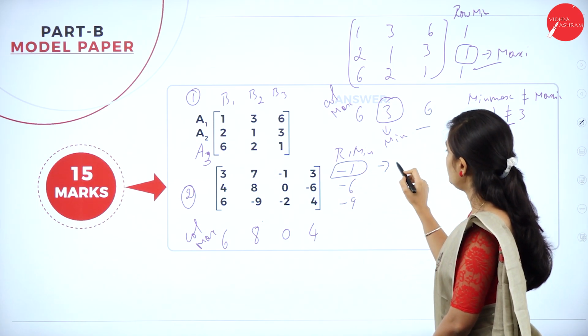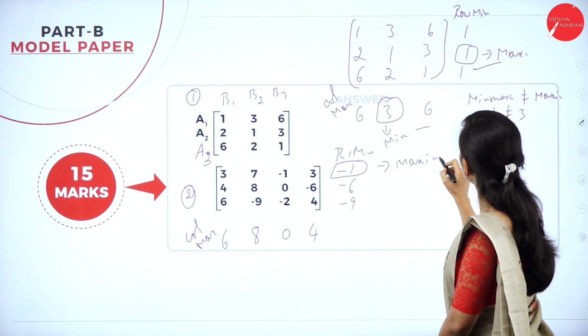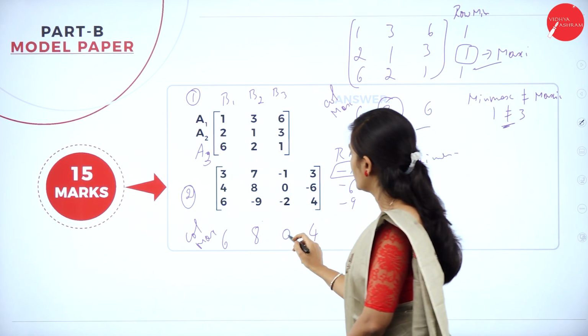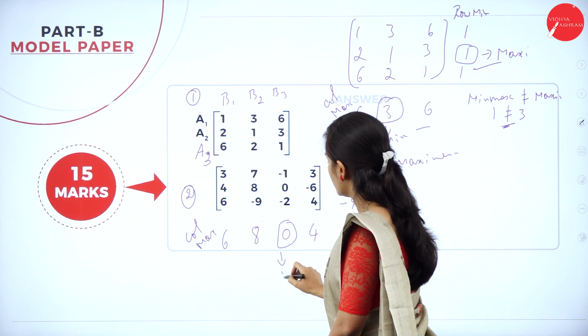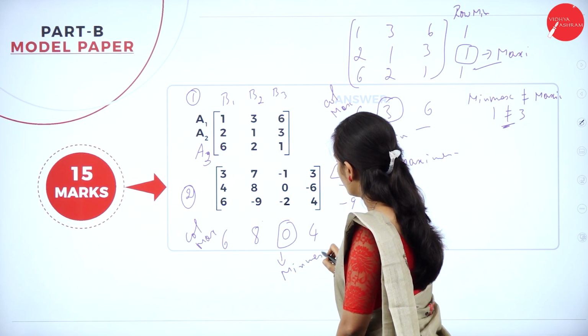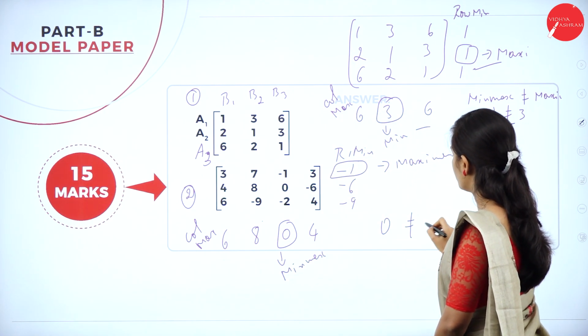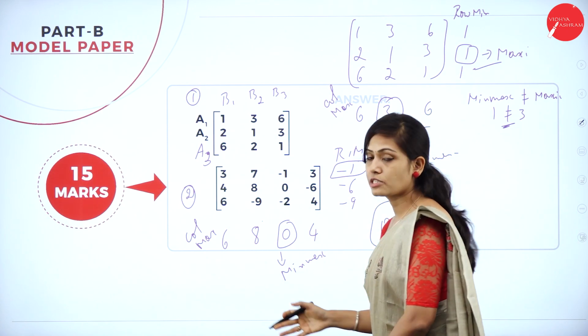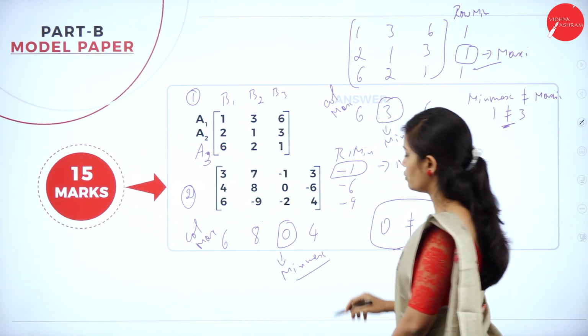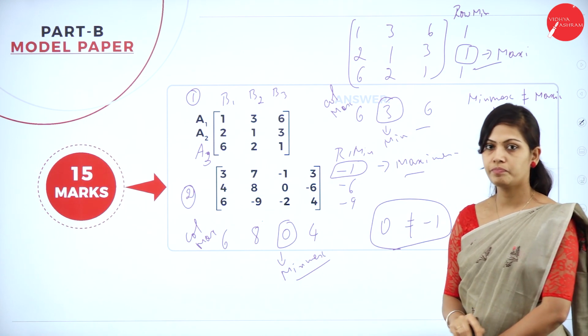The maximum is -1 and the minimax value is 0. Is this equal? 0 is not equal to -1. So it has no saddle point, the minimax value is 0, and the maximin value is -1.